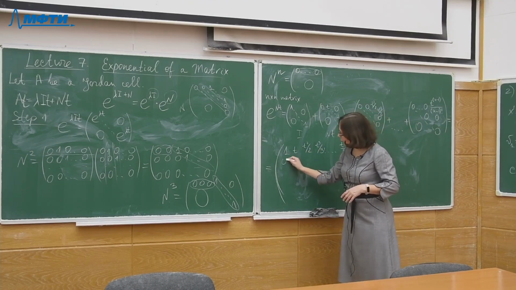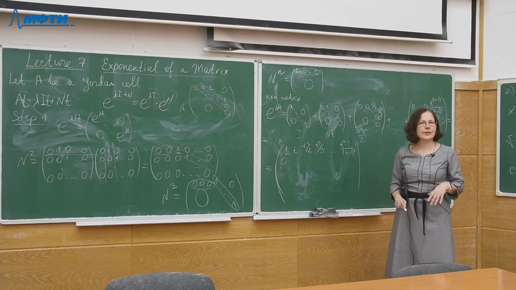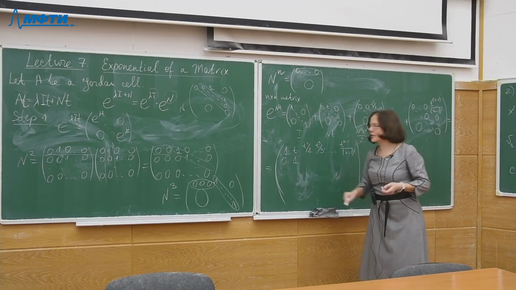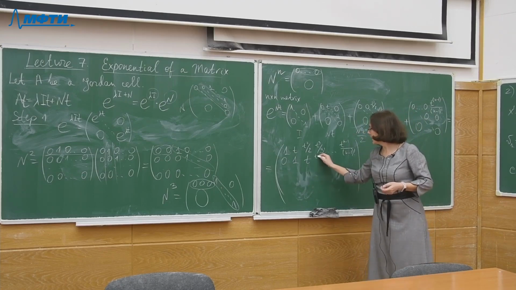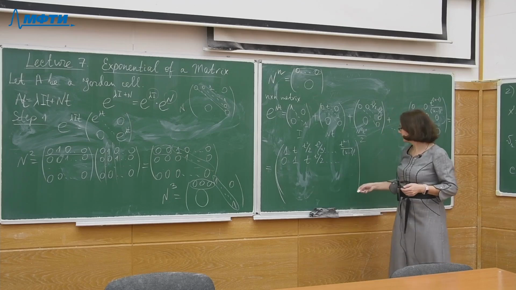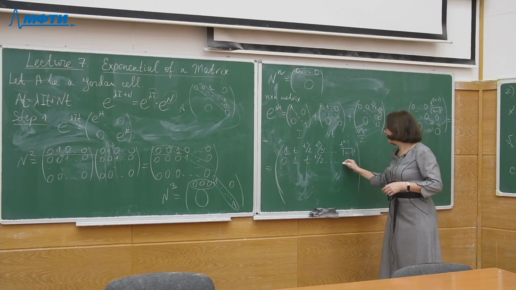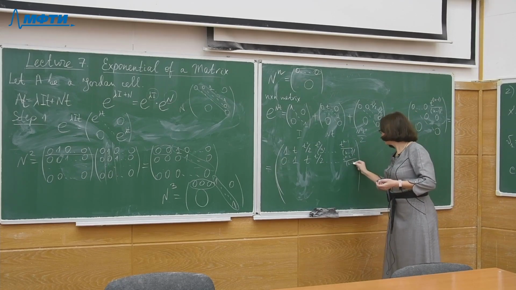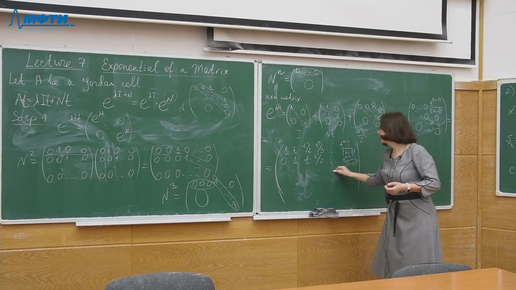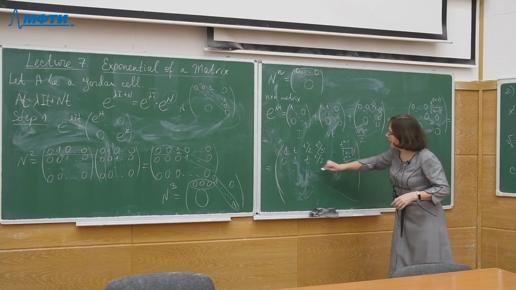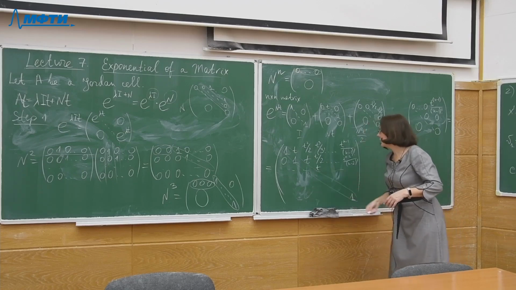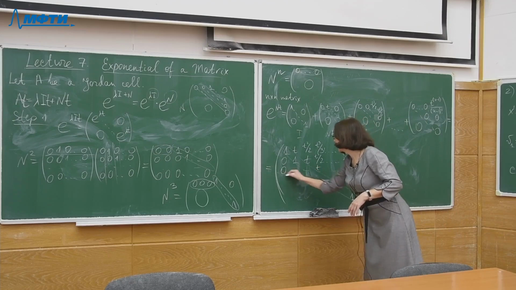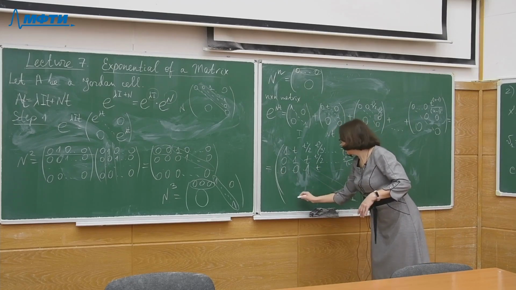So for the next row, there will be 0 as the first entry, then the second entry will be 1, then t, then t squared over 2, and the last will be t to the power n minus 2, right? So we will have ones on the main diagonal, and then t, and zeros.